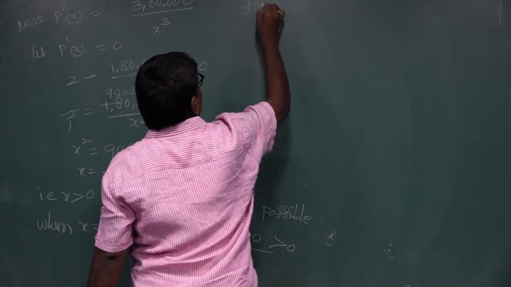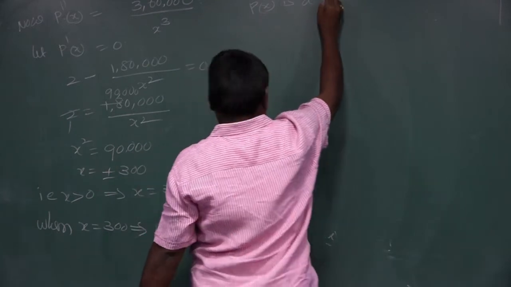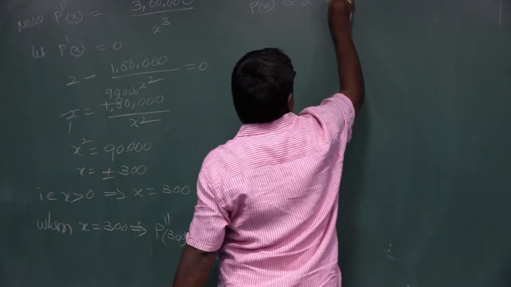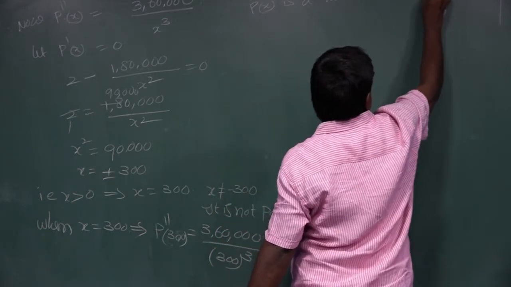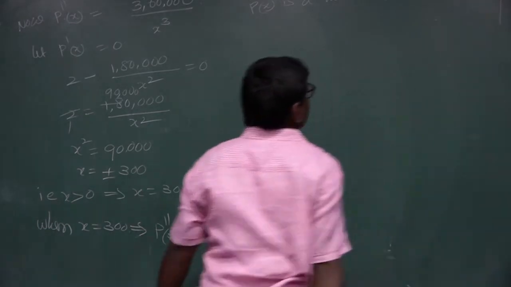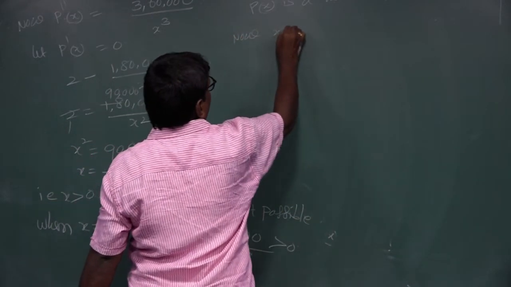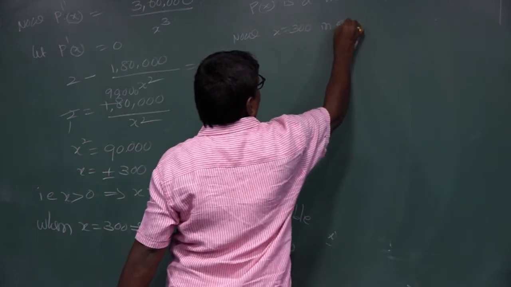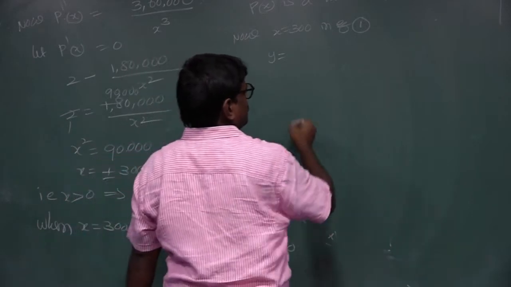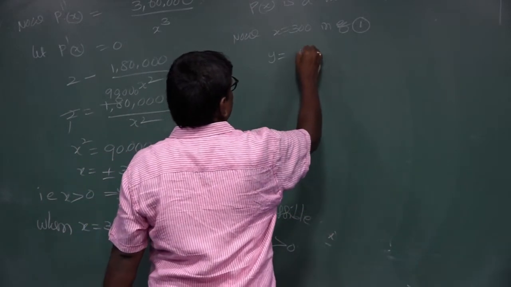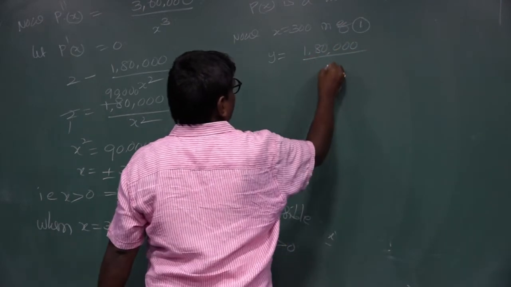It is P of x is a minimum at x equal to 300. Now x equal to 300 in equation form, y is equal to 1,80,000 by x.